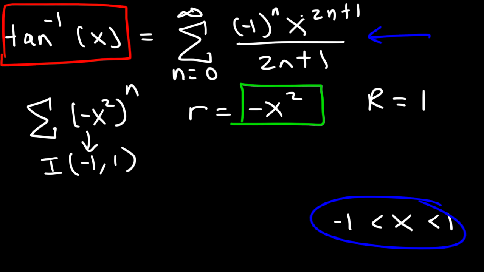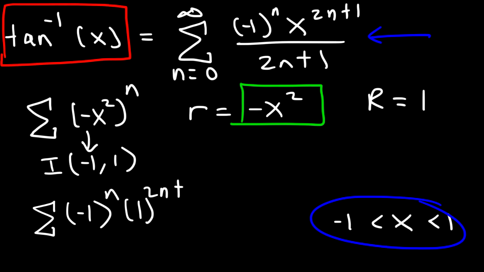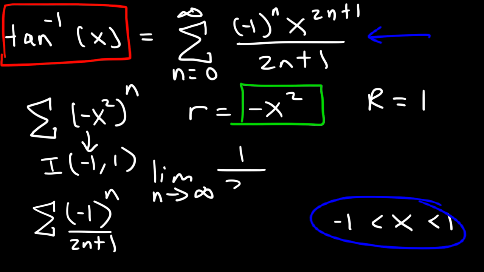So if we replace x with 1, what's going to happen? We're going to get this series, negative 1 to the n, and then 1 raised to the 2n plus 1. That's just 1. And 1 times anything is itself, so that will just disappear. And we're going to get this. Now notice that this series converges by the alternating series test. If we take the limit as n goes to infinity for 1 over 2n plus 1, that's going to be 0.